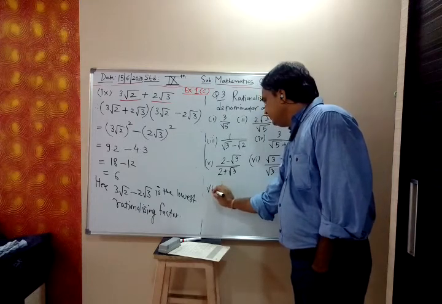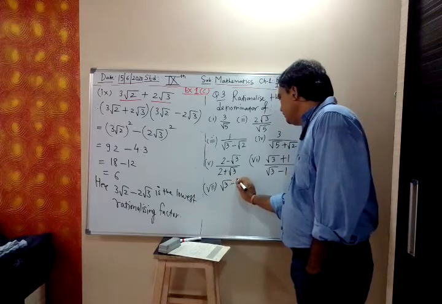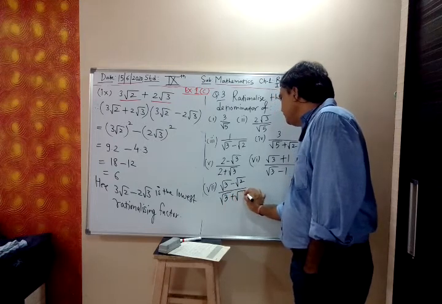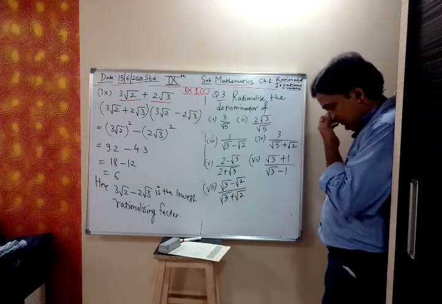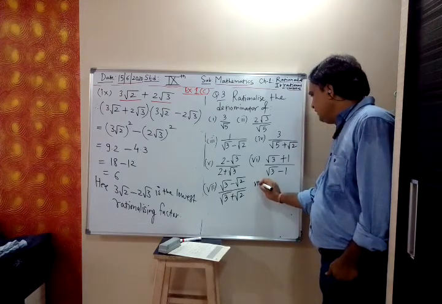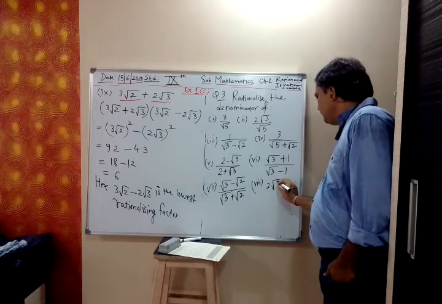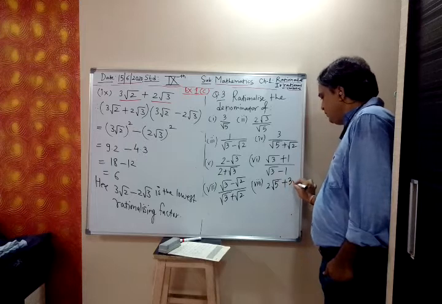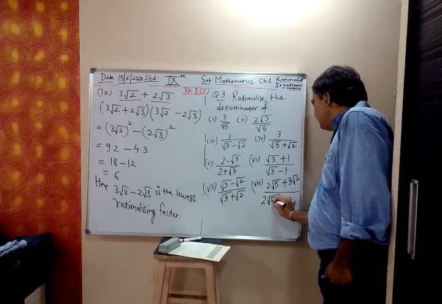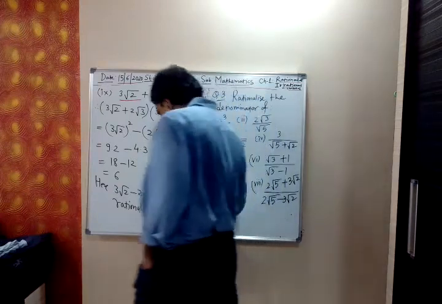Then seventh one, root 3 minus root 2 upon root 3 plus root 2. Then 8th, 2 root 5 plus 3 root 2 upon 2 root 5 minus 3 root 2.